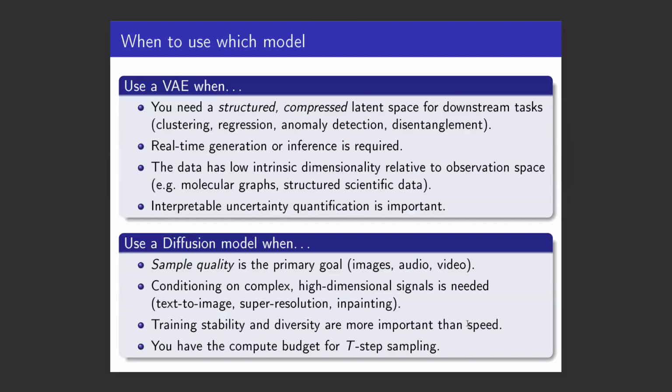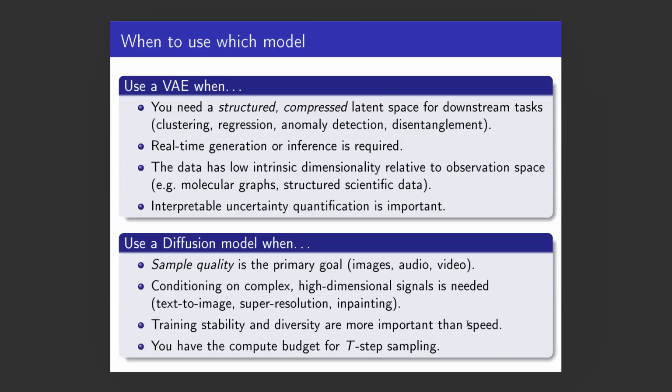So when should you use it? I would typically say when you have structured compressed latent spaces, let's say you're doing clustering, anomaly detection, real-time generation. Data has low intrinsic dimensionality relative to the observation space.